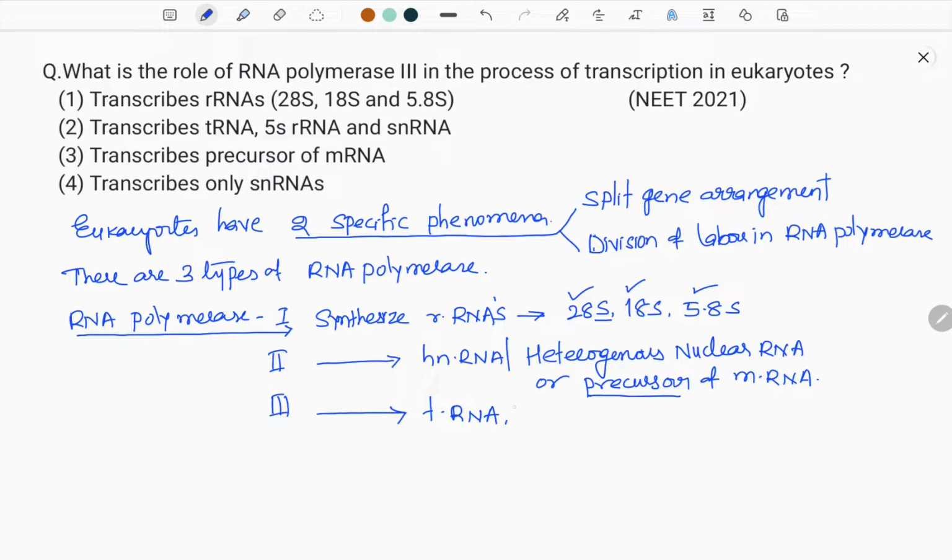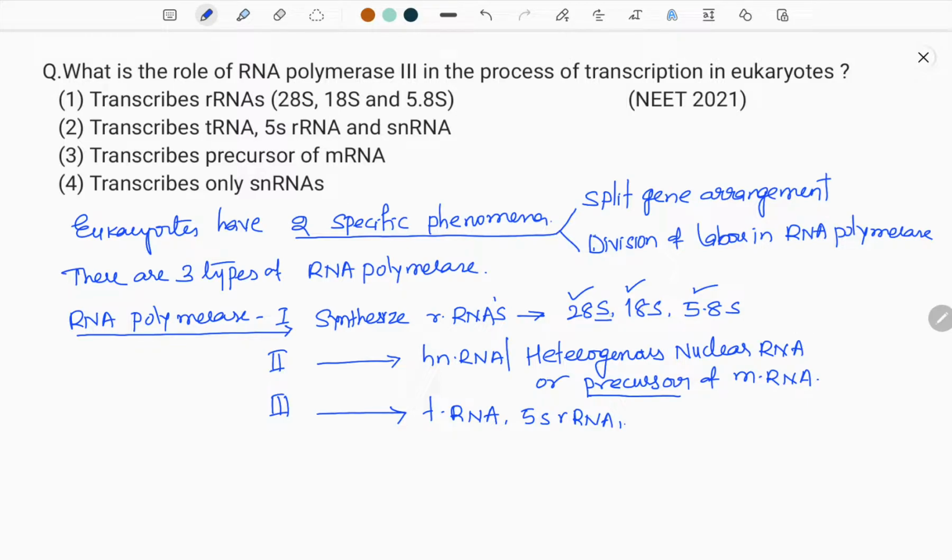Apart from that, RNA polymerase 3 synthesizes 5S rRNA. The 28S, 18S, 5.8S rRNAs are synthesized by RNA polymerase 1, whereas 5S rRNA is synthesized by RNA polymerase 3. For example, a question can be framed: find the odd rRNA among the following.